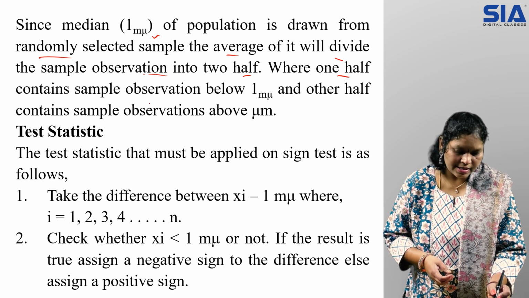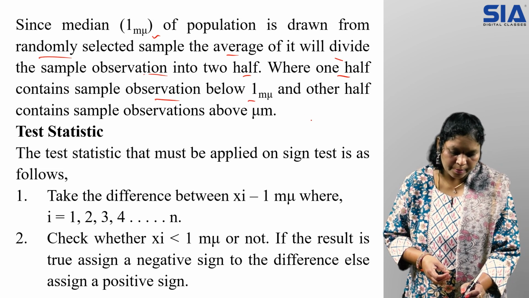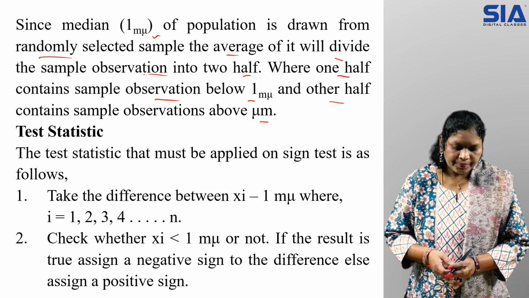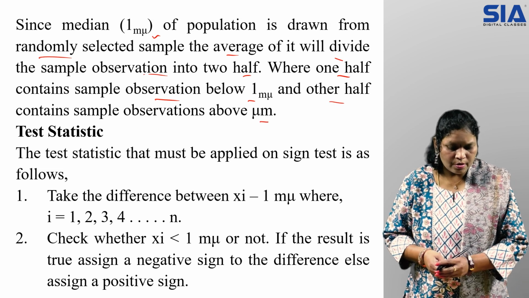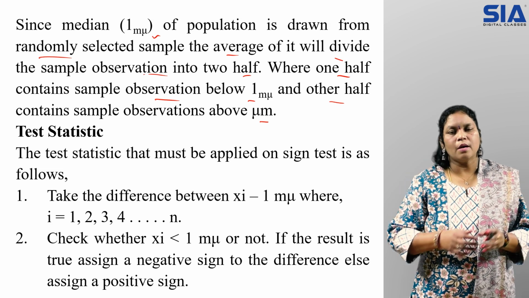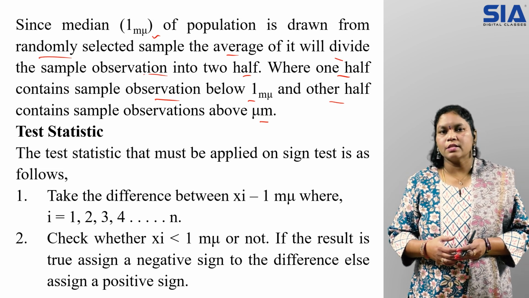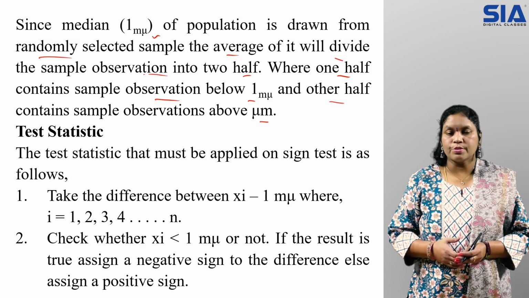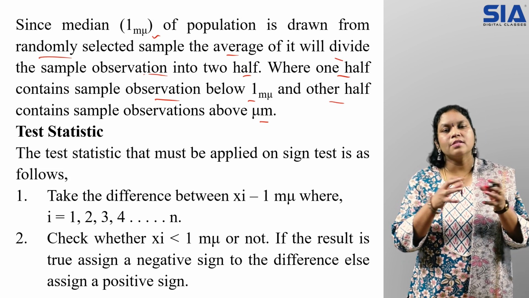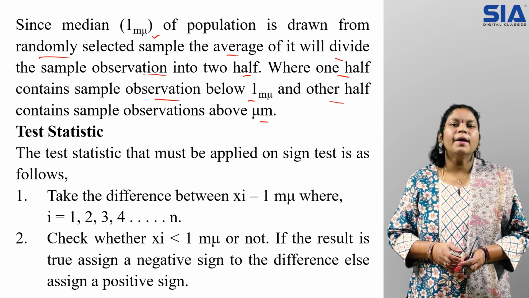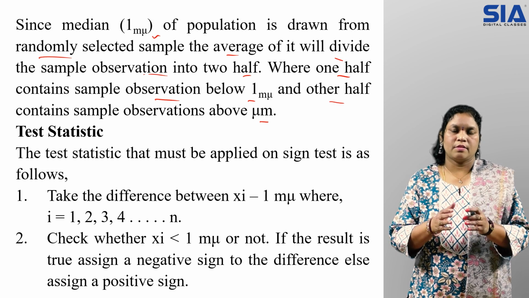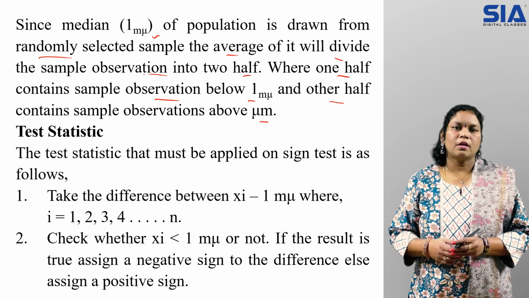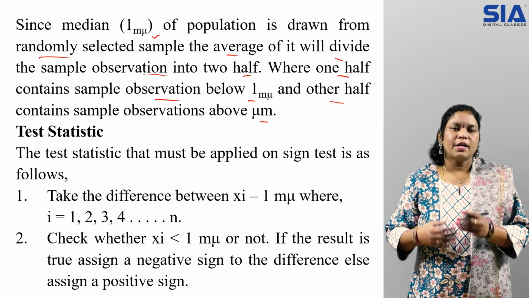One half contains sample observations below mu 1 and the other half contains sample observations above mu 2. So the first half will be above and the second half will be below. In a problem we can understand this clearly, because this is just the procedure out of the assumptions we are making. When you have a problem, we can understand how it goes on, how the median has been dragged, and how the values divide into two halves.